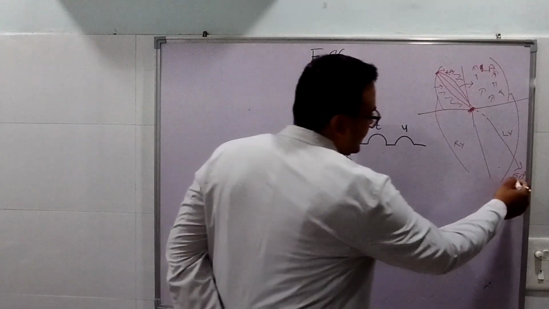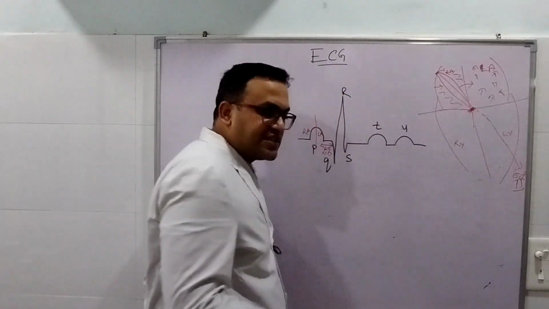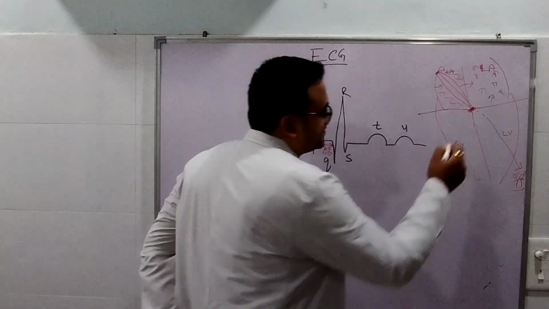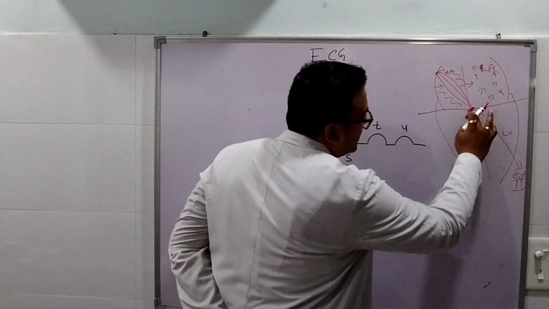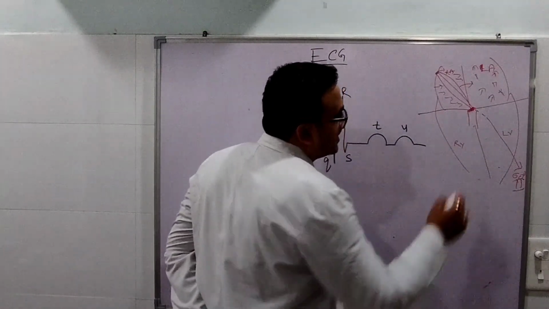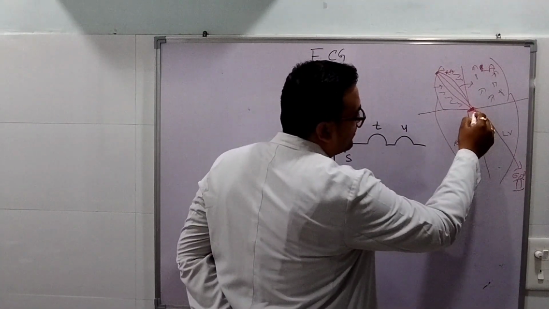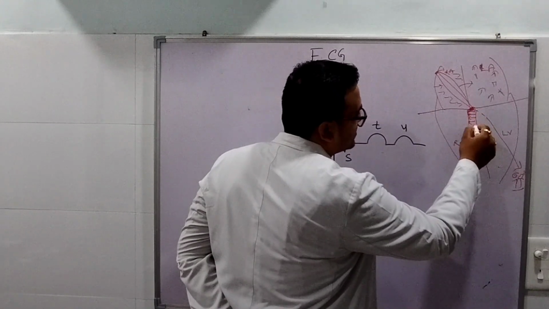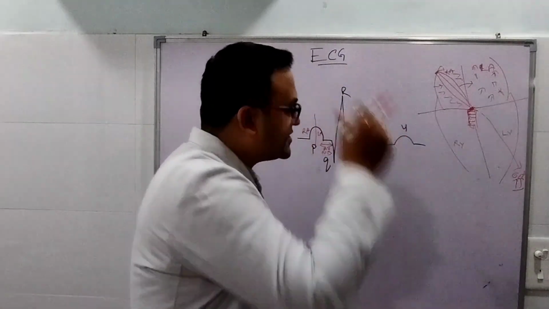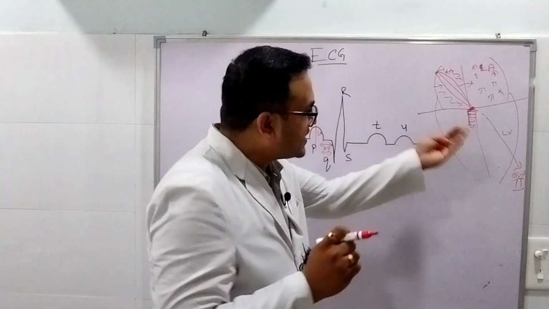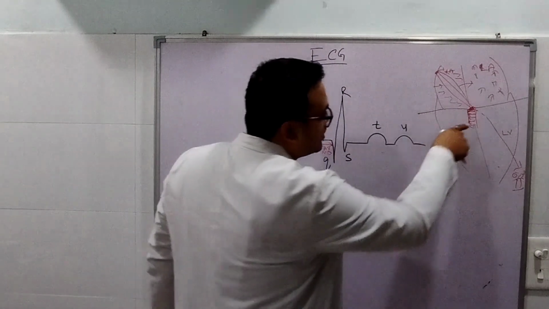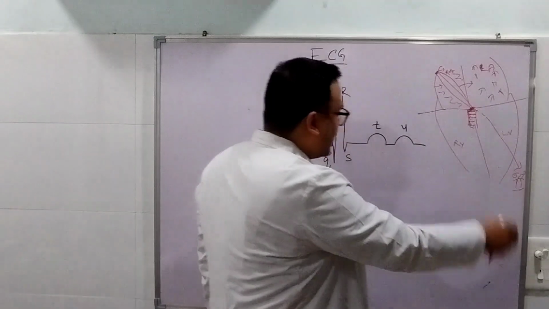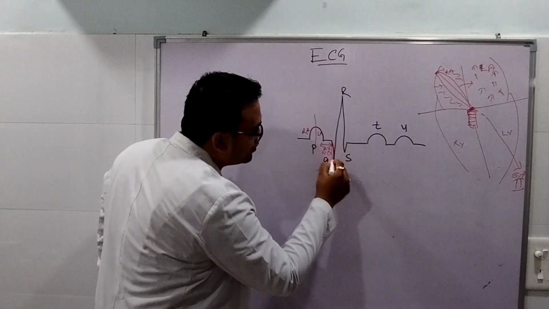So if you see lead 2, normally lead 2 will have the maximum height of the QRS complex. So here is the bundle of His. The action potential spreads from left to right side of the bundle of His, and that is why it is going away from lead 2, and we get a small q.